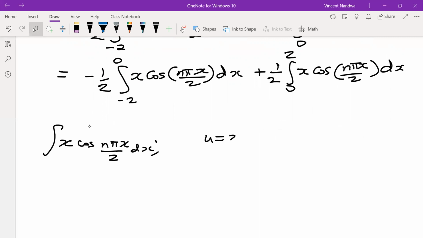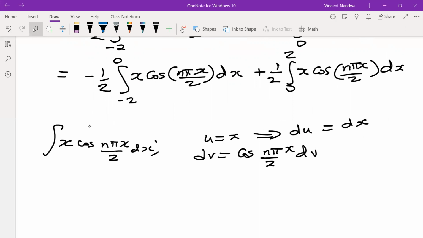So let u be x, which means du equals dx, and let dv be cosine of n pi x over 2 dx. So when you integrate, v will be 2 over n pi. Integrating a cosine function, you get a sine function.